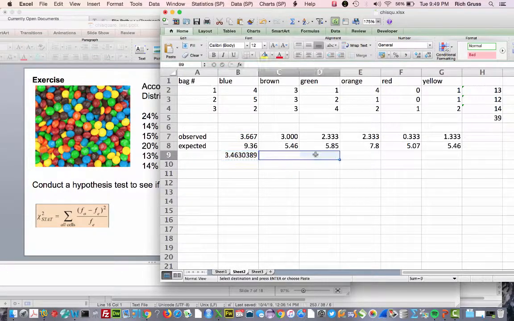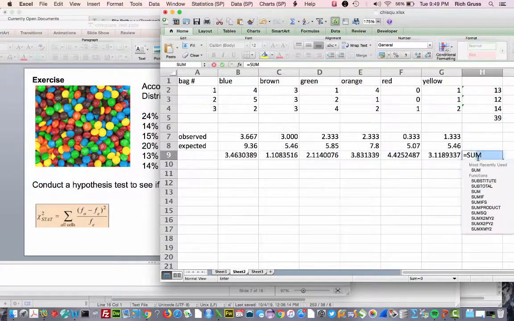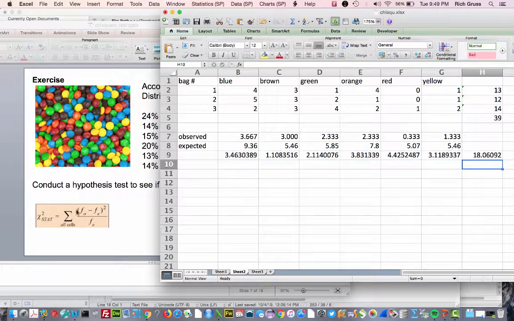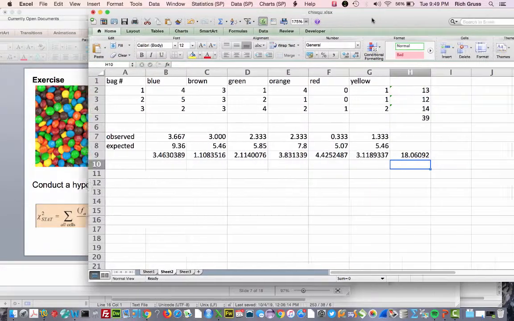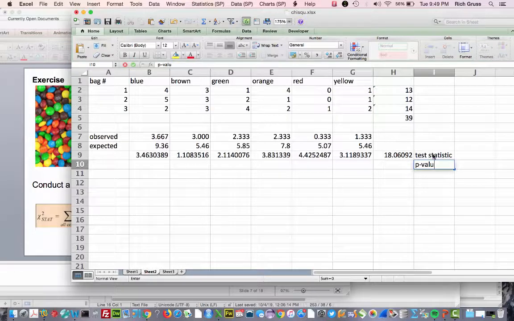Okay, and then we can just copy and paste that over. And then once we add all these up, it's just the sum of all these. So we're just implementing that. And so we wind up with our test statistic. Now I've completely made all this up. I'm just showing how you might do this. So then we would just need the p-value for that.